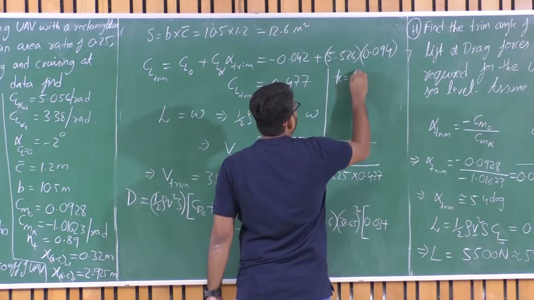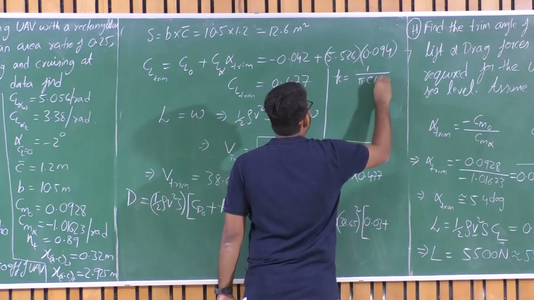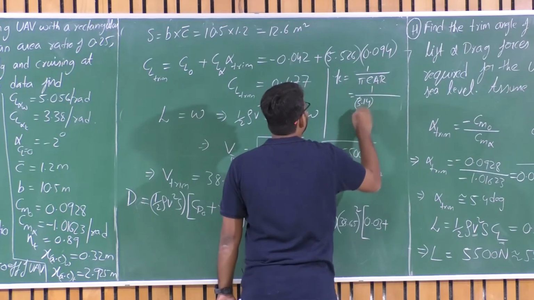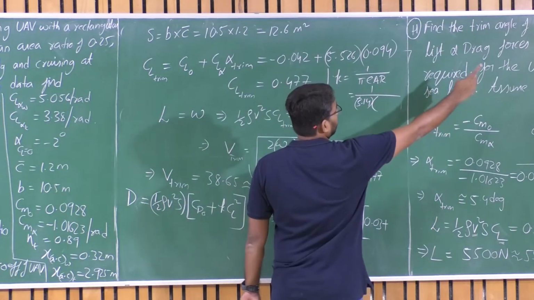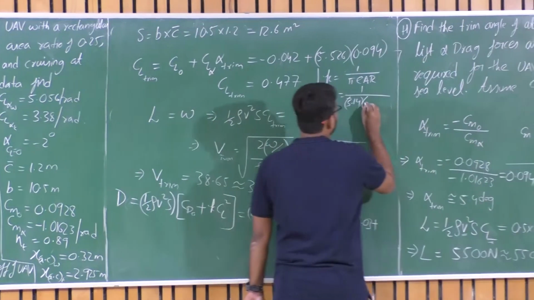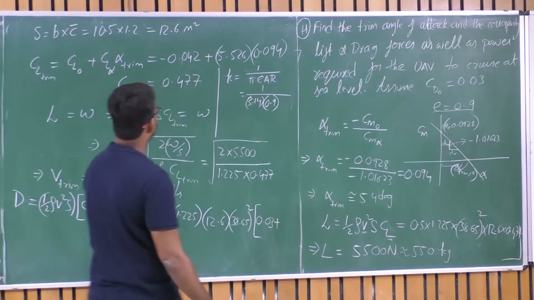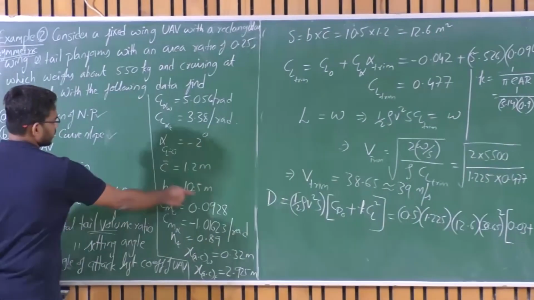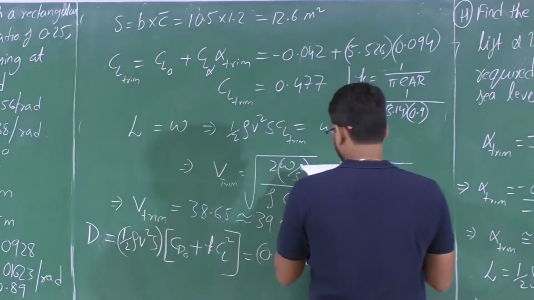K is equal to 1 upon pi E AR, right? So 1 upon 3.14 times E. E is considered as 0.9, sorry, 90% efficient. And then the aspect ratio is B square upon S or B by C directly. So B is 10.5, C is 1.2, B by C is approximately 8.75.